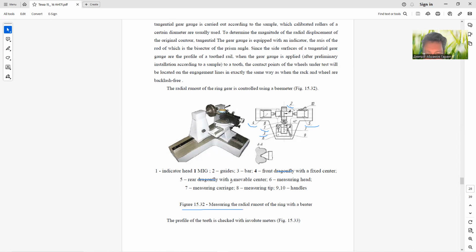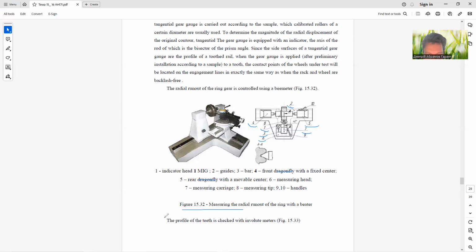Fixed center and movable center. 6, measuring head. 7, measuring carriage. And 8, measuring tip. 9, 10, handles.